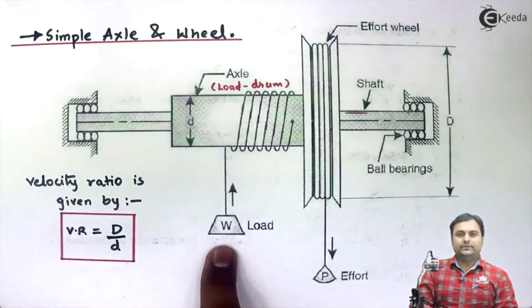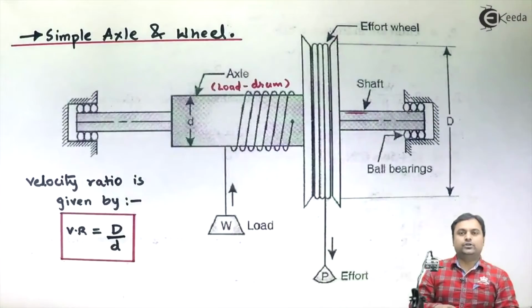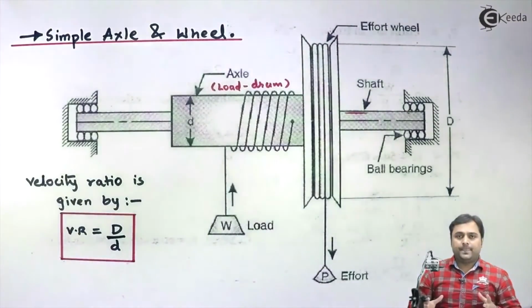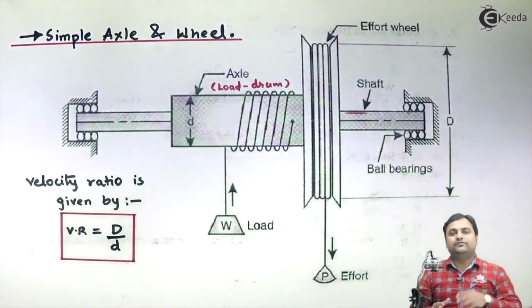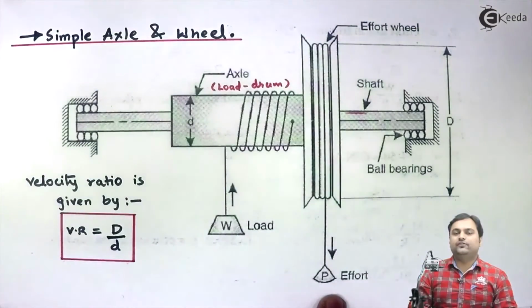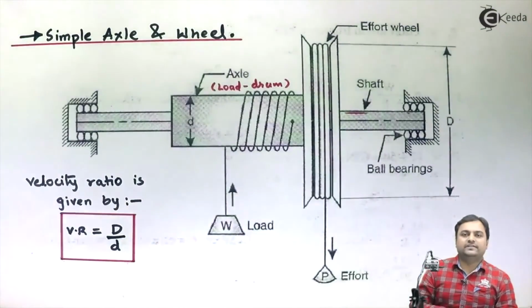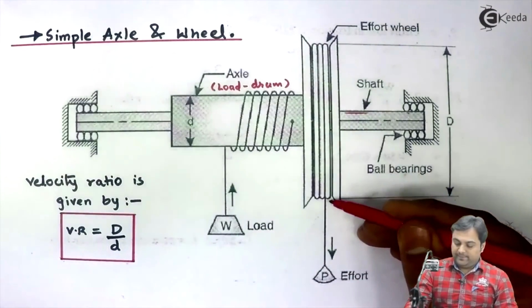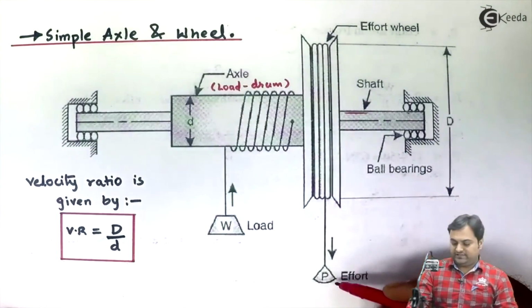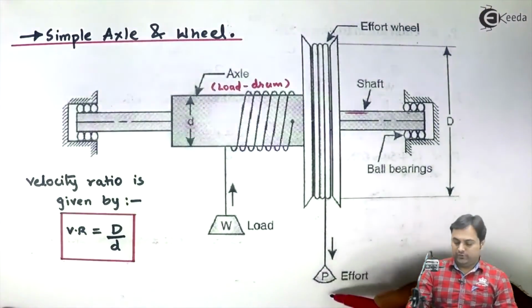The load which is attached to the load drum would be high. This means a huge amount of load will be lifted by a very small amount of effort. That is why we call it a simple machine. The functioning is that effort will be applied with the hand, or simply we attach a small weight here.